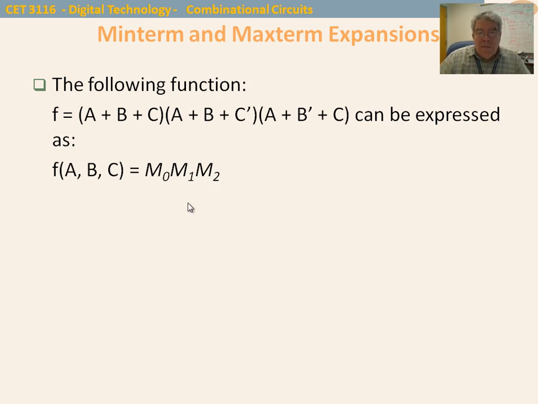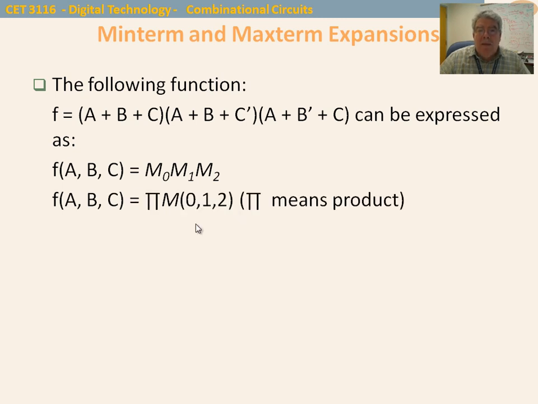Right? Instead of using the sigma, we have a compact notation in which we use the capital pi, and pi denotes product. All right, in this case 0, 1, 2, we have 0, 1, 2 with capital M and pi in front.